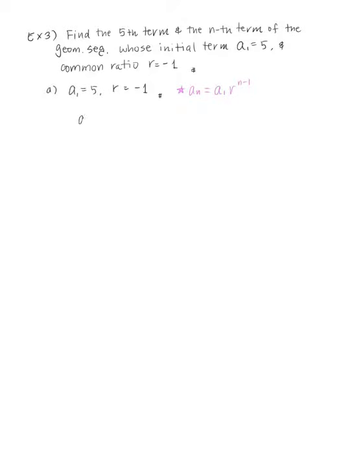A sub n is a sub 1 times r to the n minus 1, which is 5 times -1 to the n minus 1. So our nth term is given by 5 times -1 to the n minus 1. Now we've got the general formula, so we can easily find any term that we want. In this case, they're asking for the fifth term, so plug in 5 in place of n.